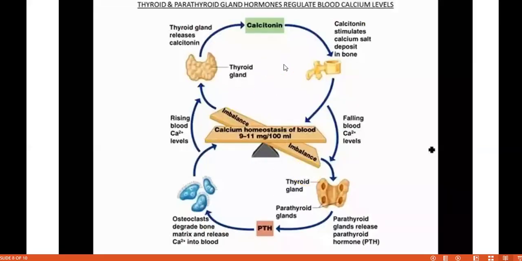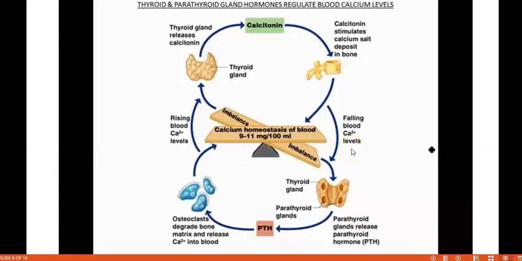The regulatory mechanism of the calcium level in our blood circulatory system is controlled by two main hormones, released by the thyroid and parathyroid glands. First, calcium homeostasis of the blood is at 9 to 11 milligrams per 100 ml. This is the normal level of calcium.